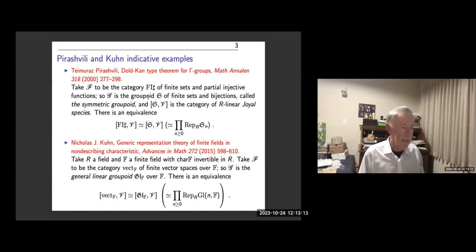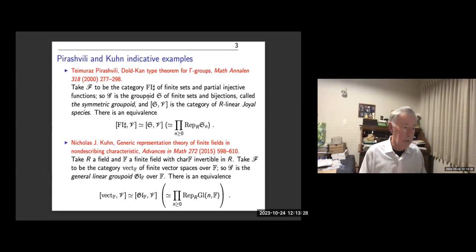It's the same thing in this case. Vector spaces over that finite field, and then you take just the linear isomorphisms, and that's an interesting category.